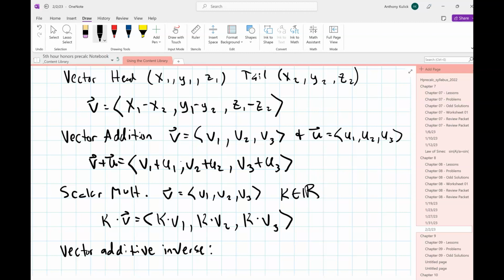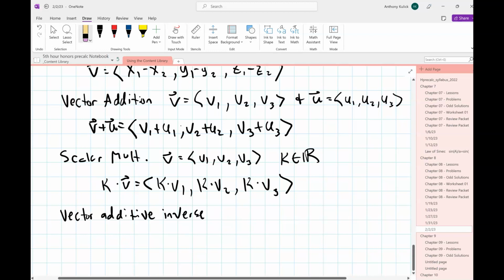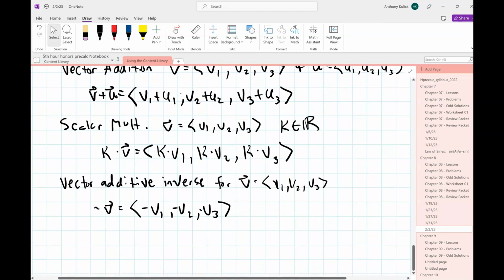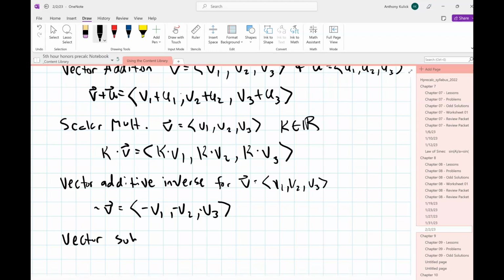What do you think the vector additive inverse looks like? Well, it's just negative v, which means we just negate all its components. Still the same thing as two-dimensional, just with a third component, which means that we can do vector subtraction the same way.